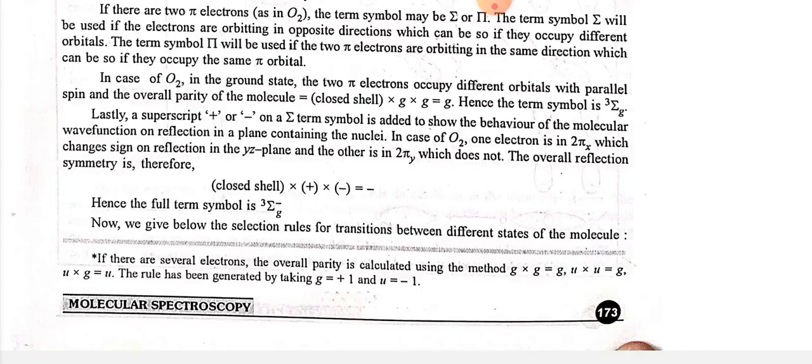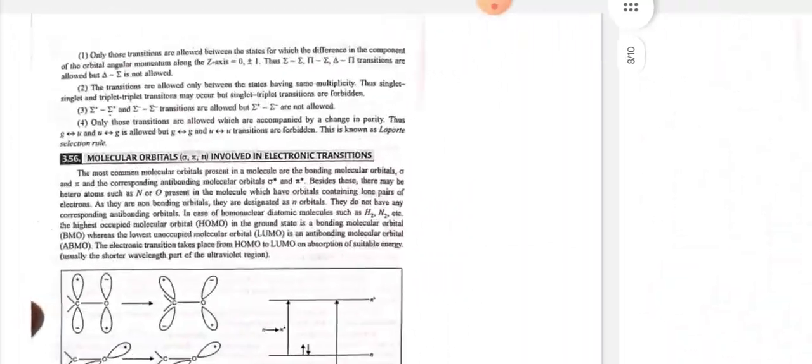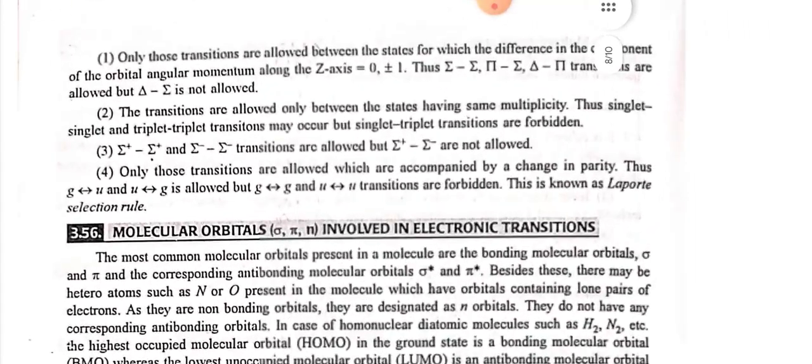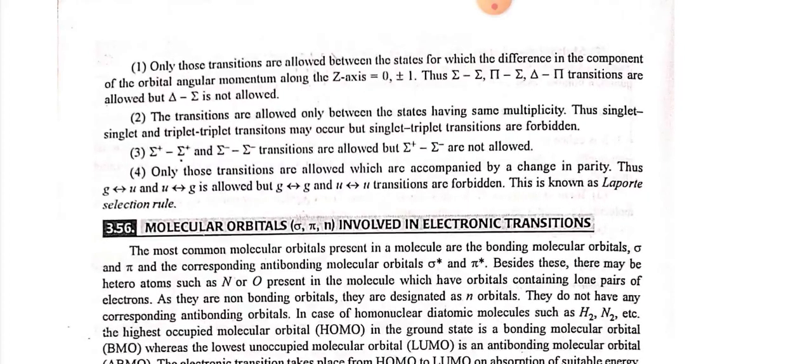Now we give the following selection rules for electronic transitions between different states of a molecule. First, only transitions are allowed between states which differ in the component of the orbital angular momentum along the z-axis by 0 or plus or minus 1, and thus sigma to sigma, pi to sigma, and delta to pi transitions are allowed, but delta to sigma is not allowed.